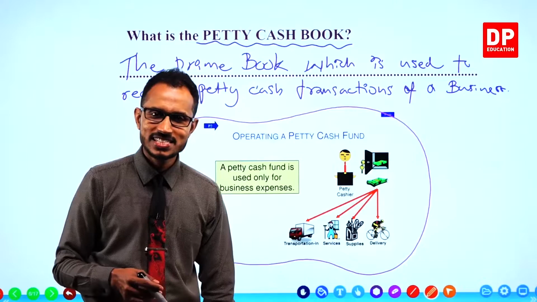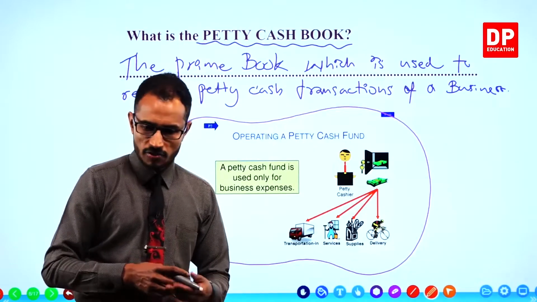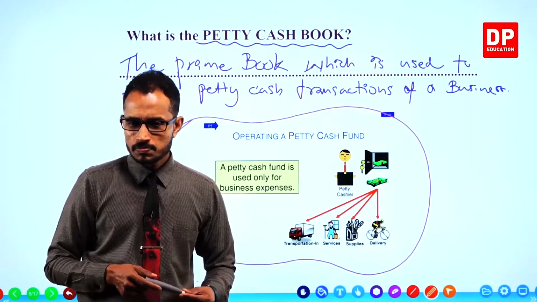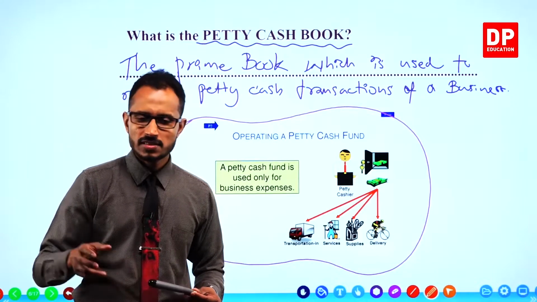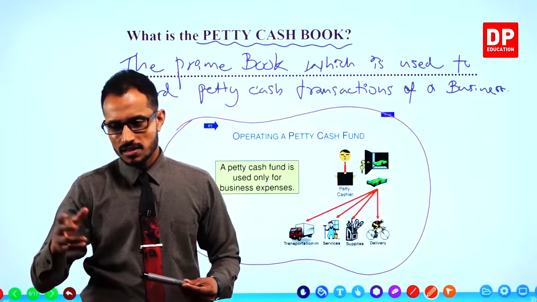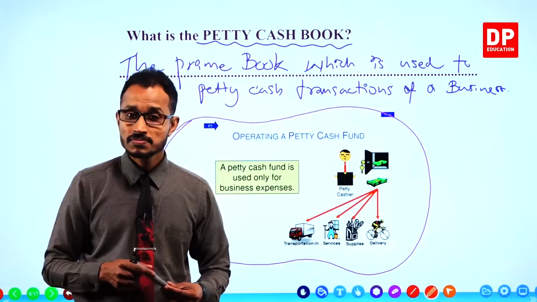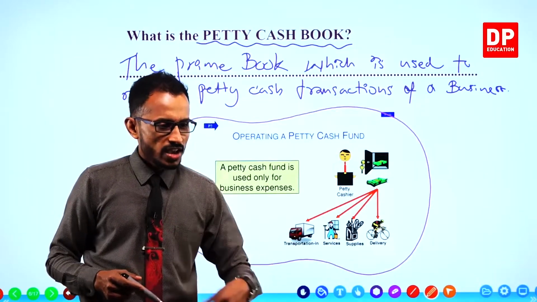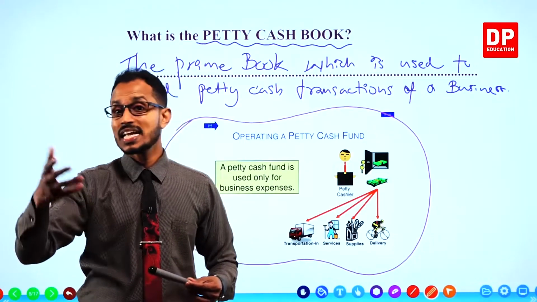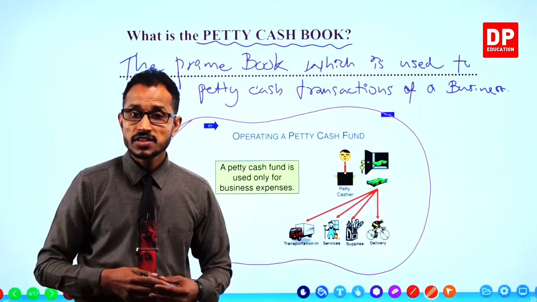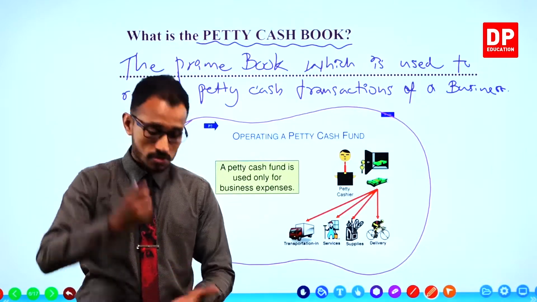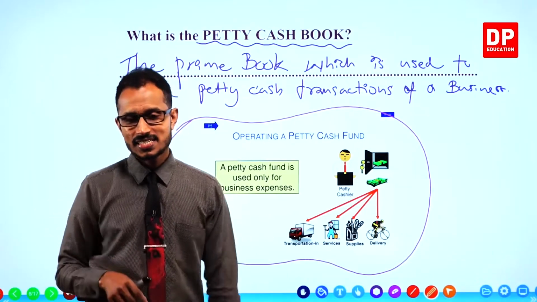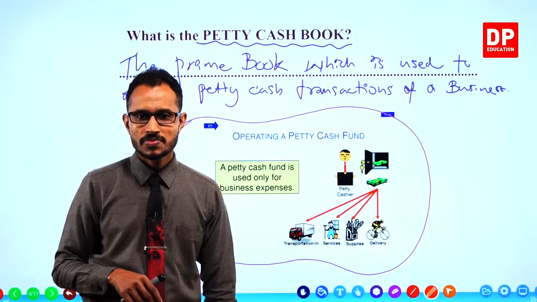Small things that a business needs, to pay for the laborers who are working hard, to provide them with plain tea and some buns in the evening. 150, 200 rupees is spent for trishaw fare, for bus fare, to send letters if needed, to buy stamps and envelopes. These things are the petty cash expenses, right?